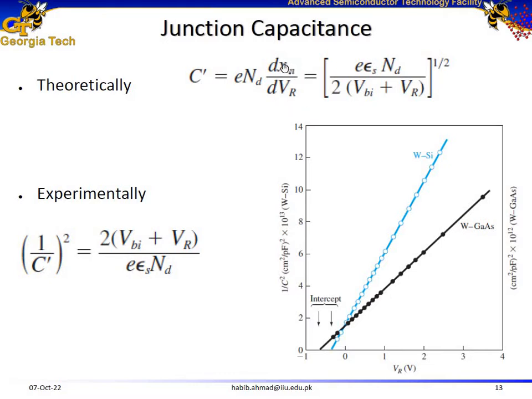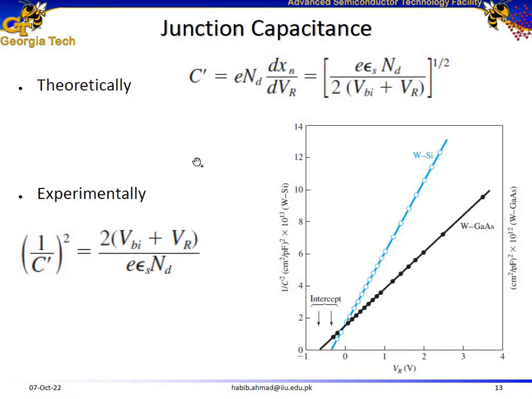And from the previous slides, if you take the derivative of xn with respect to reverse bias voltage, you get a simpler relationship for calculating the junction capacitance for a metal semiconductor junction, which is proportional to the doping concentration, inversely proportional to the built-in potential and the reverse bias applied voltage. And it's going to be in farad per centimeter square.